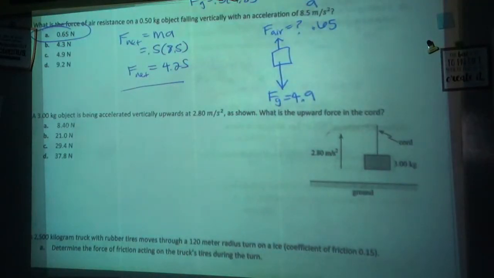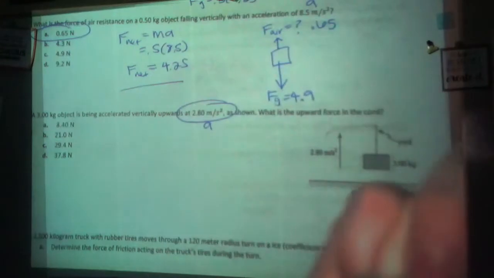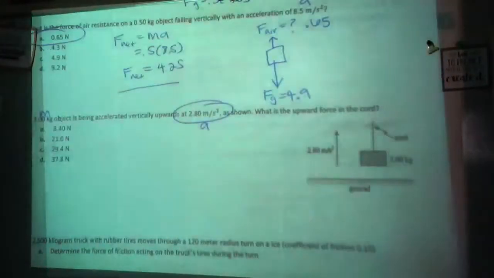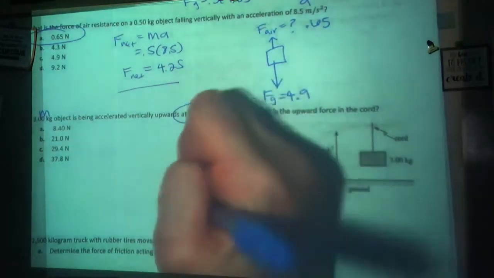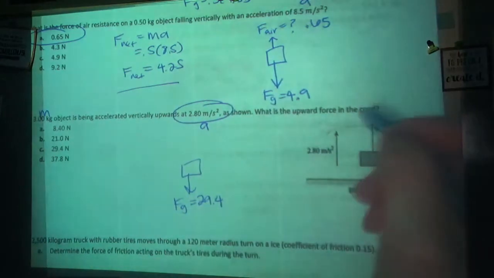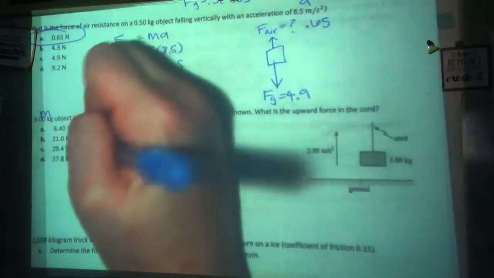40, I've got a 3 kilogram object being accelerated vertically at this acceleration. So I want to know the upward force in the cord. So let's think about 3 kilograms would have a force of gravity of 3 times 9.8, which is 29.4. And it's accelerating upwards, that means I have a net force up.